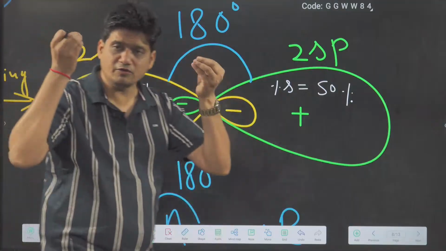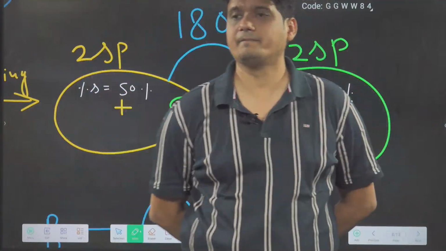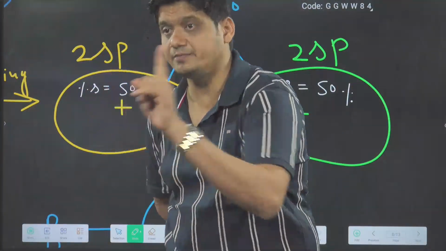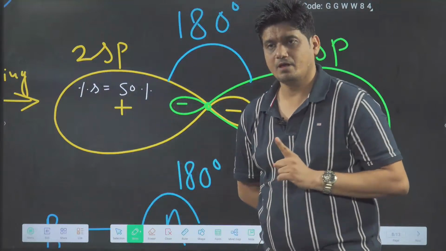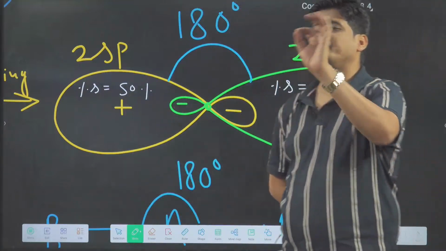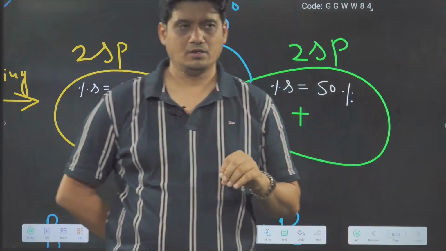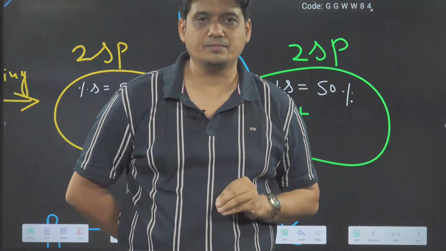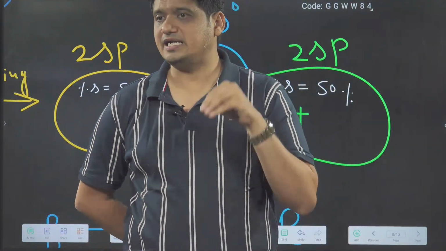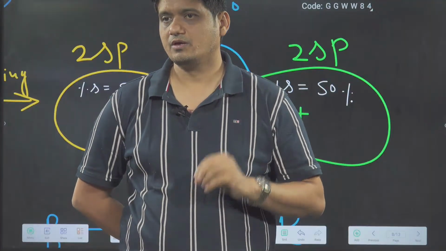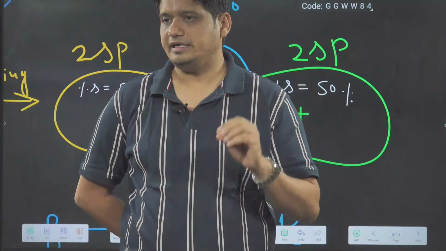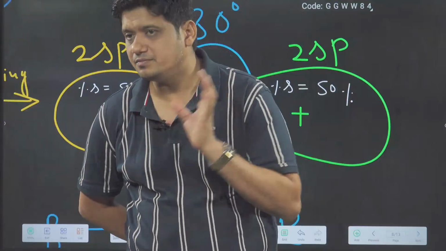So what beautiful question may the examiner ask here, directly from the NCERT. In case of sp hybridization, 50% s character is present for each hybrid orbital.